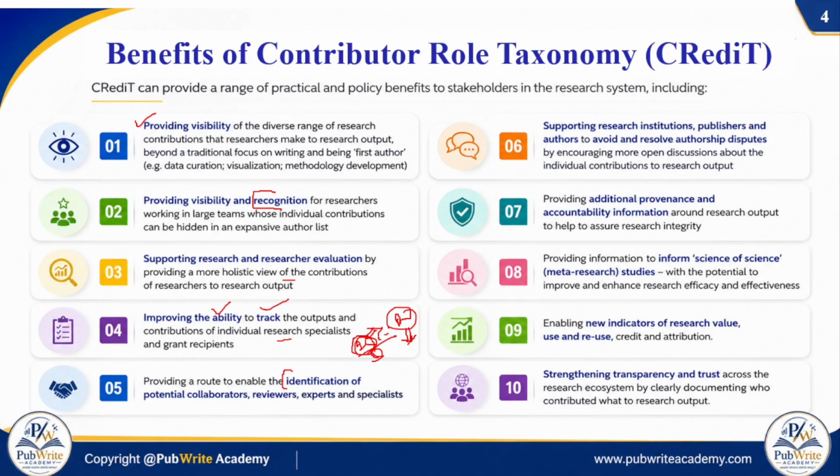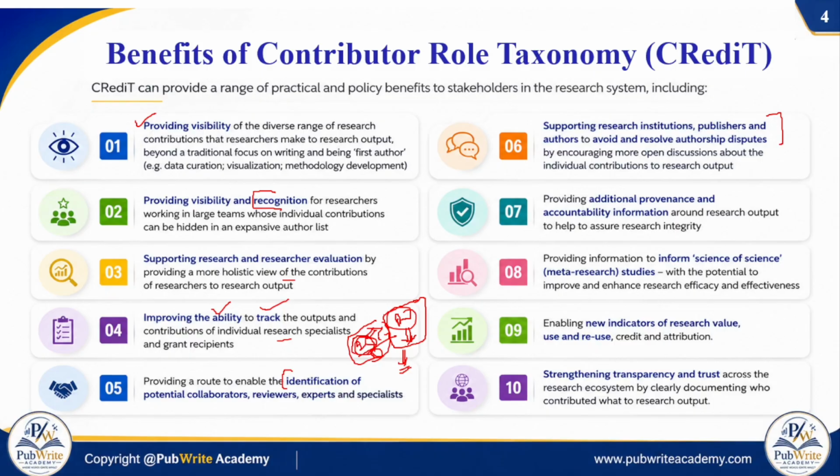If you want to collaborate with the person who analyzed the data, then you need to contact that author instead of the first author. That is the kind of format the CRediT taxonomy provides: whom you can approach for collaboration, as a reviewer, or for any expertise. Also, if there is any authorship dispute, that can be resolved using the CRediT taxonomy as well.